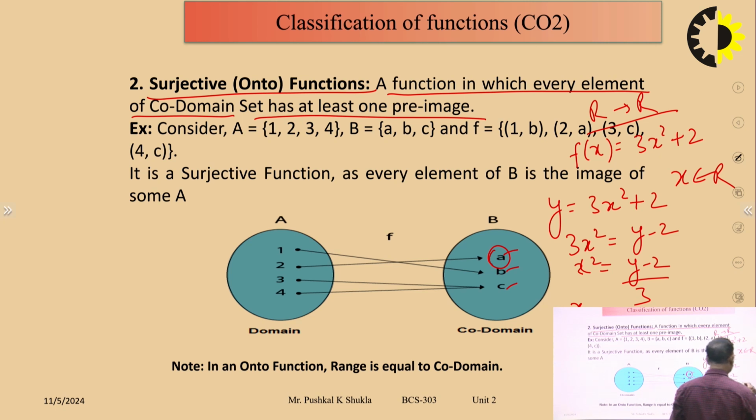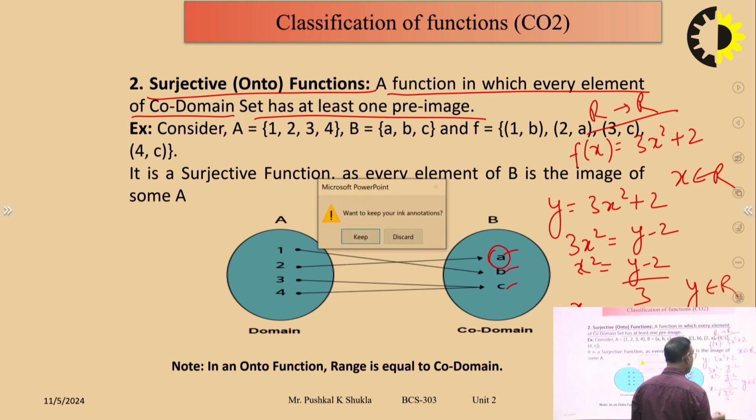So, if we take y as an element of R, a real value, then y minus 2 may be positive or negative. Divide by 3, and if you take the root, in some cases it will give you a real value and in some cases an imaginary value.